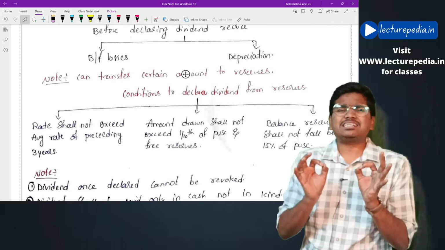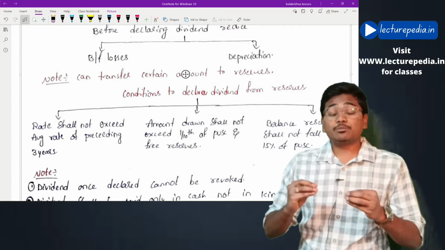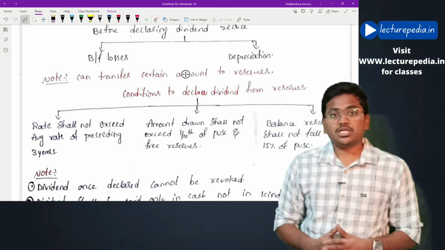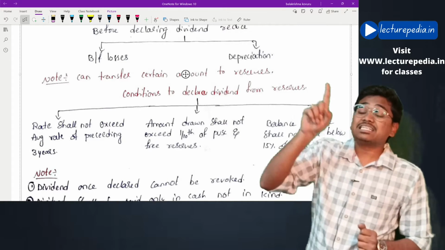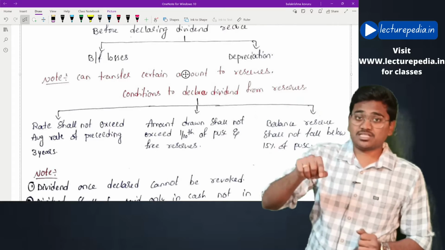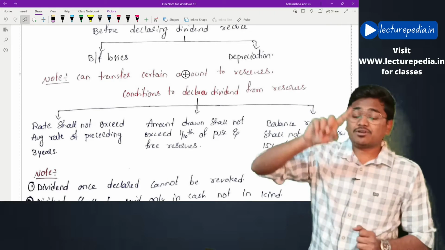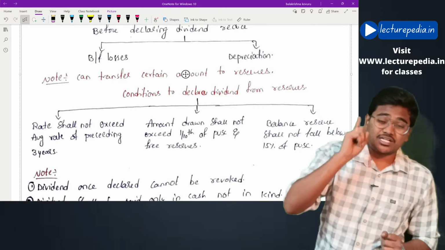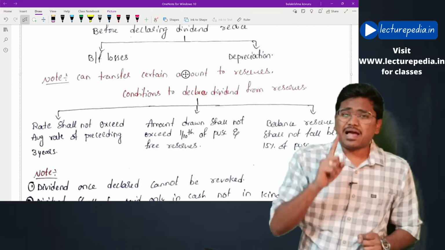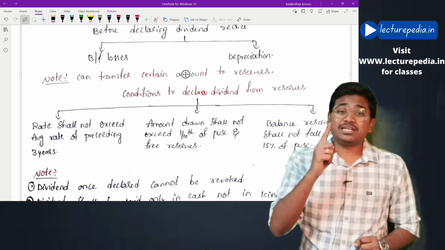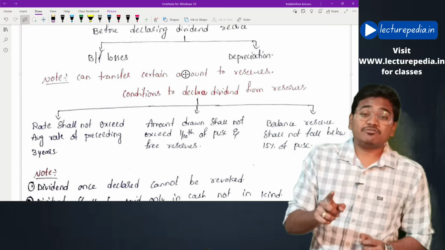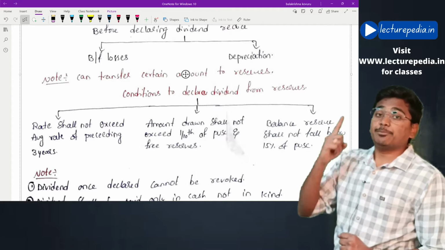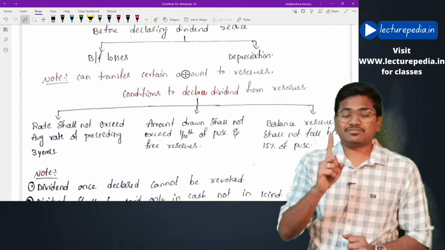Hope this is clear. If you are paying dividend from reserves and surplus balance, the maximum rate of dividend that can be declared by the company should be the average rate of dividend declared in the preceding 3 financial years. That is the first condition.